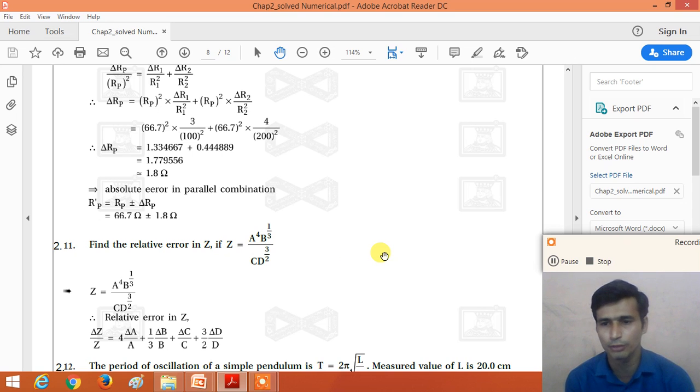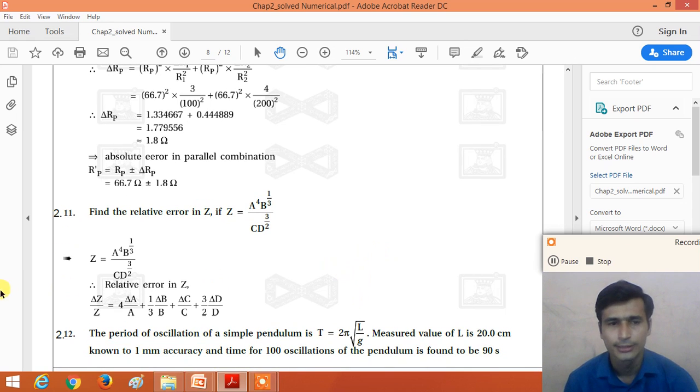We use the rules for the combination of errors. When two physical quantities are multiplied or divided, the relative error in the final result is the sum of the individual relative errors. And another rule we use is for errors in a power, right? So the error in the final result is the power times the error in the individual quantity.